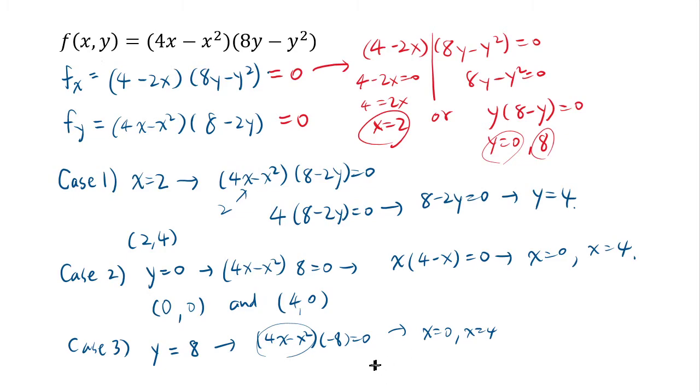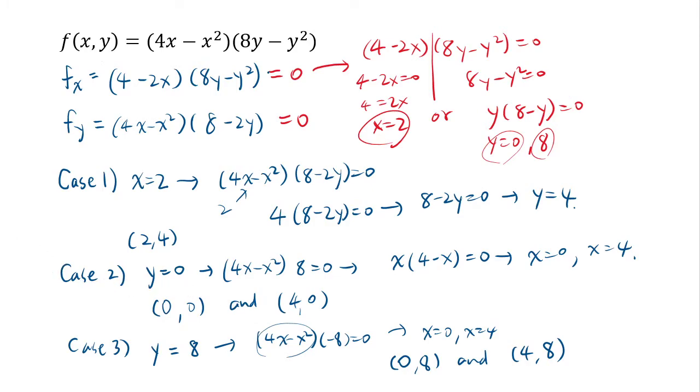So in that case, we get the points (0, 8) and (4, 8). Alright, so these are the critical numbers, and we have to compute the Hessian and evaluate the Hessian at each of these points. So it's going to be a long problem.